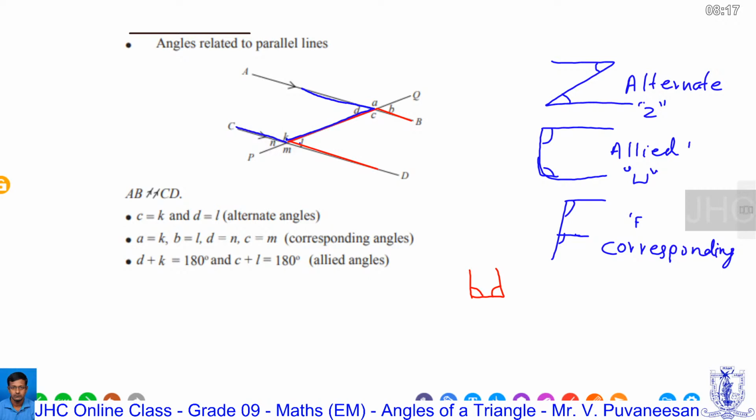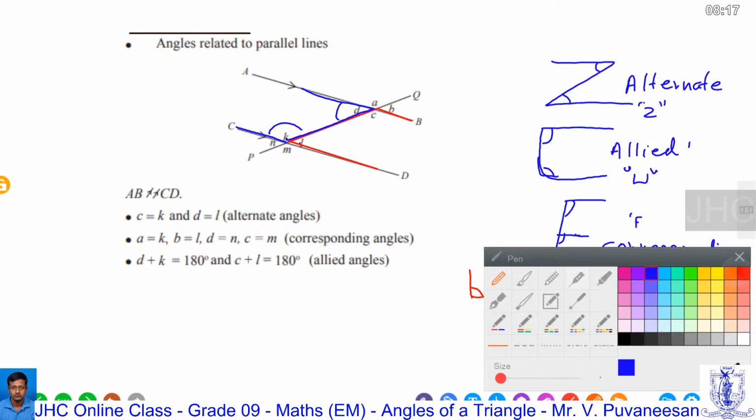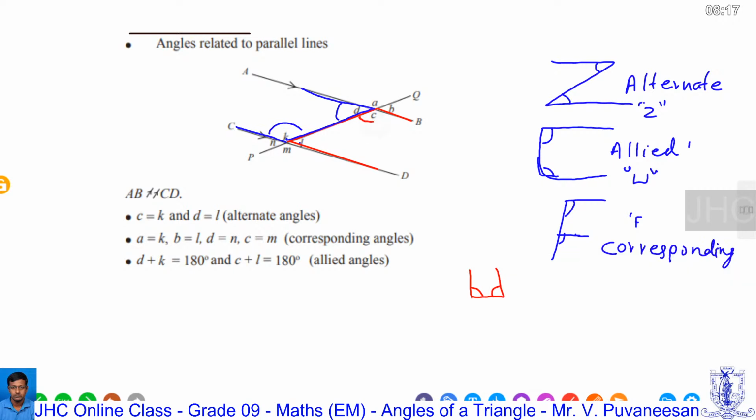Okay, so in here these two angles are allied angles and these two are allied angles. K and D allied angles, C and K allied angles. If the two lines are parallel, then we can say D plus K equals 180 degrees, C plus L 180 degrees.